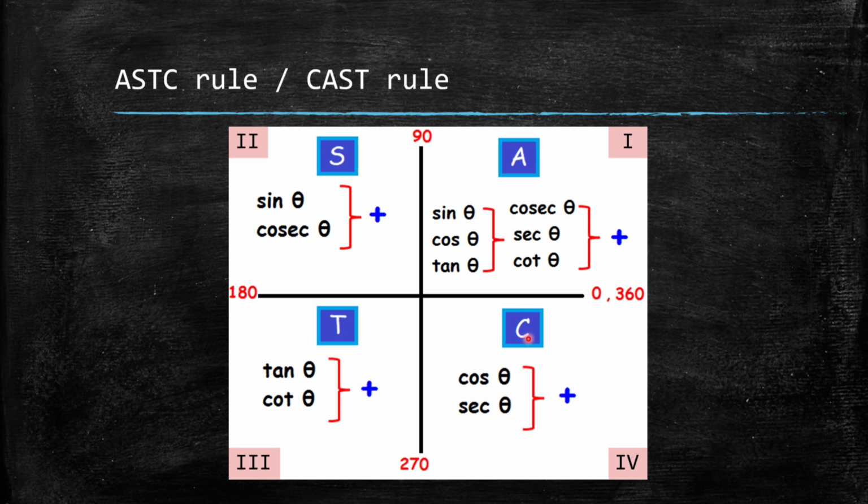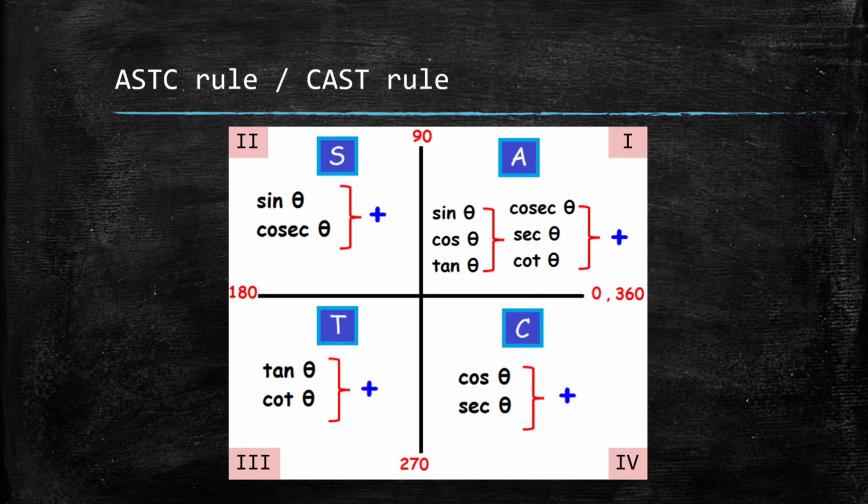In the fourth quadrant, this C refers to cos theta. So, cos theta along with its reciprocal secant theta is positive in this quadrant and all the other trigonometric ratios are negative. Now we are all aware which trigonometric ratios are positive or negative in a particular quadrant.